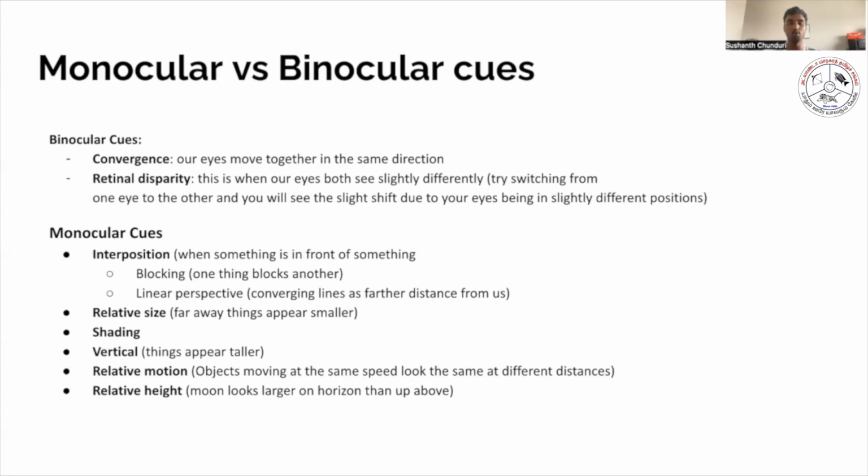And relative height: the moon generally looks larger on the horizon than up above, because that's a way our brain tricks us. It's not actually larger, but it looks larger because on the horizon it's far away from us, whereas up above it looks the same. So these are all things you can perceive with just one eye, whereas for binocular cues you need two eyes.